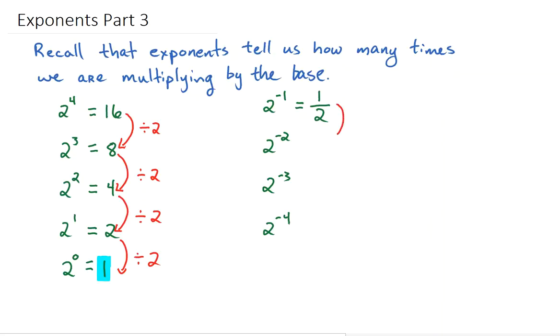Alright, let's just continue on. So let's say we take 1/2, we have half of a pizza, and we divide that in half, then how much pizza would we have? We would have 1/4 of a pizza. Now we're going to take that 1/4 of a pizza and cut it in half, and that would give us 1/8 of a pizza. And we'll take our 1/8 of a pizza. This is getting to be far too small of slices of pizza, by the way.